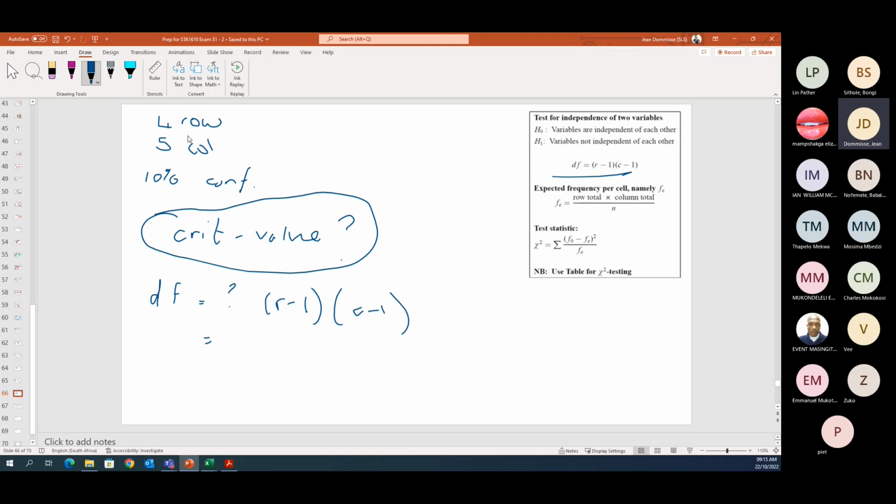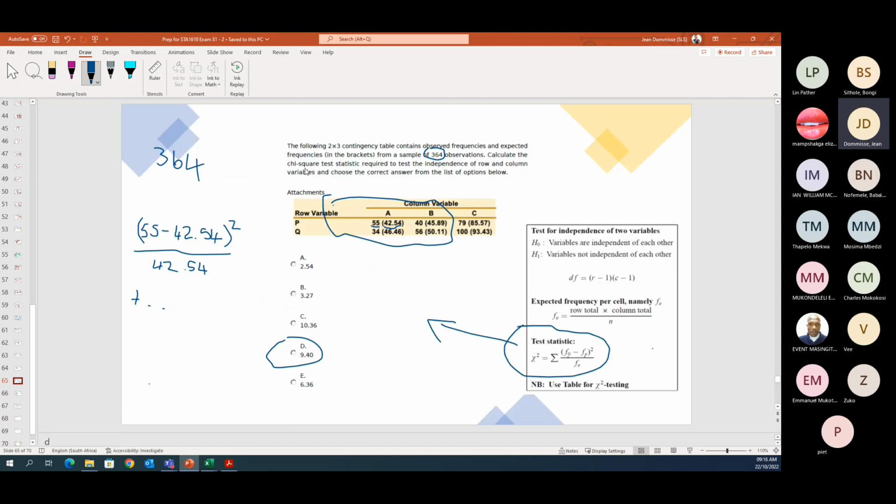So for degrees of freedom, 4 minus 1 is 3, times 5 minus 1 which is 4. That is 12. In the earlier example, degrees of freedom would have been 2.